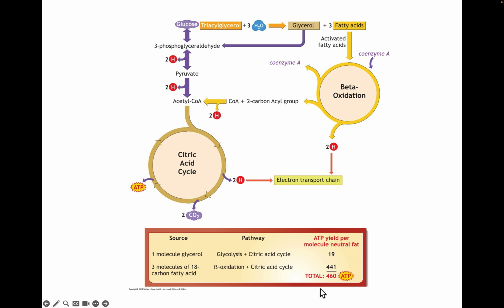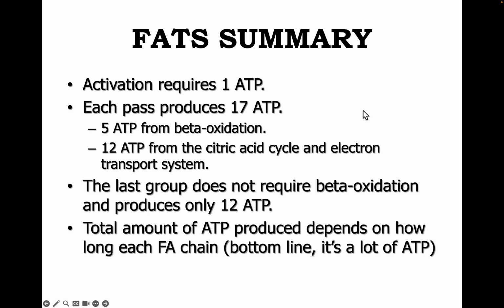So to summarize breaking down fats, activating the breakdown of fats requires 1 ATP, but each pass of breaking down more and more of those triglycerides, going through beta oxidation, produces 17 ATP.